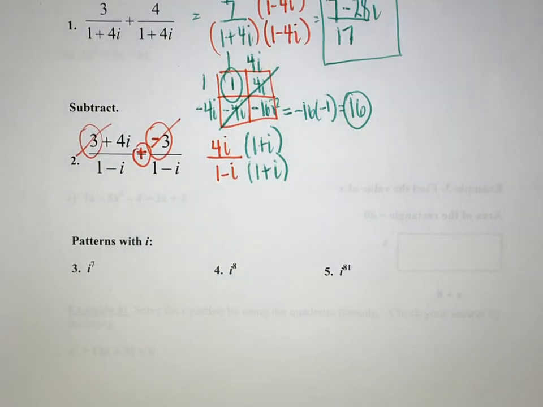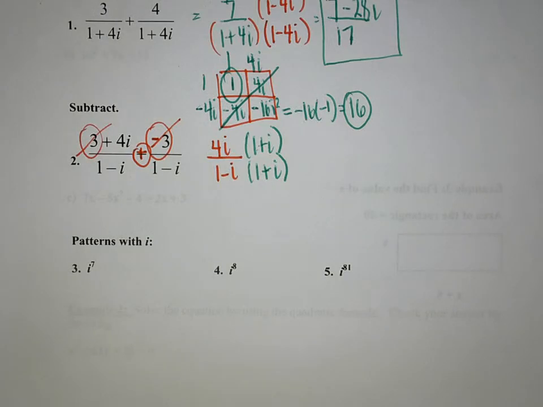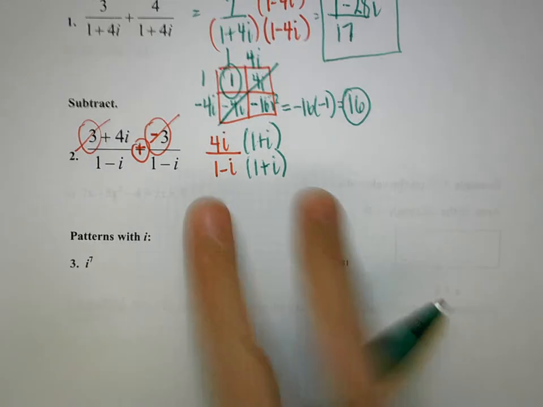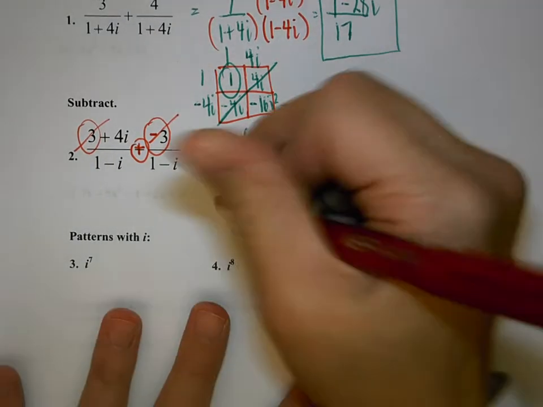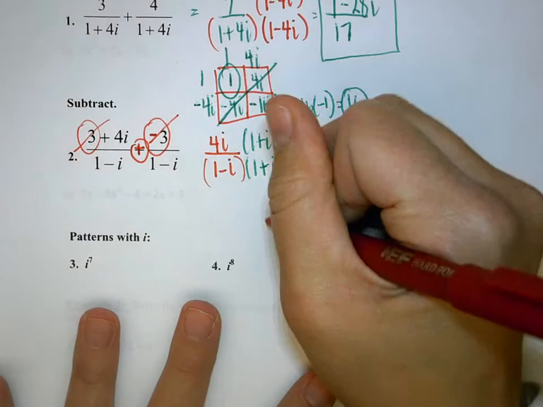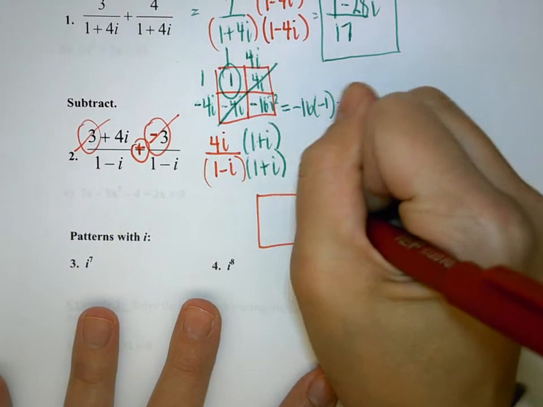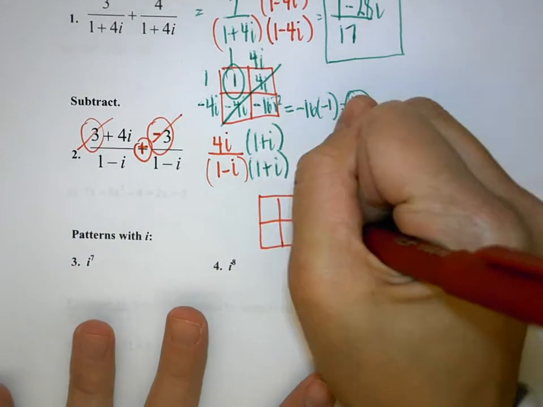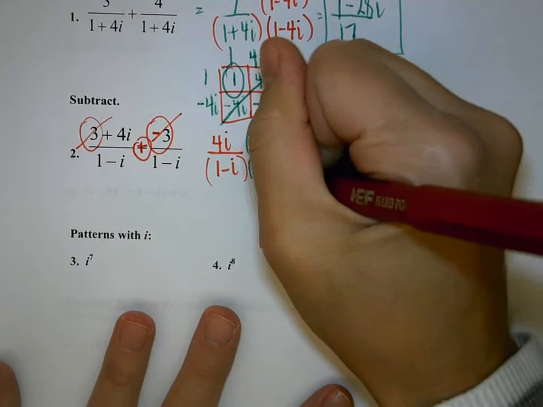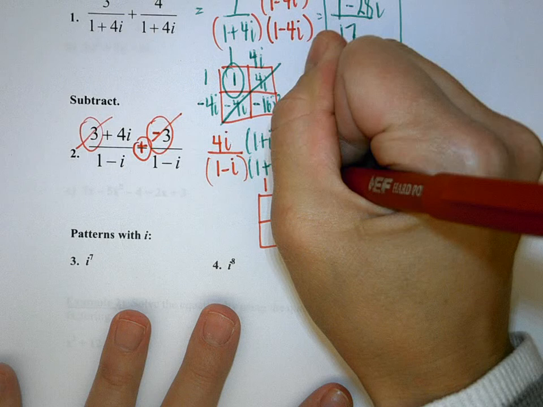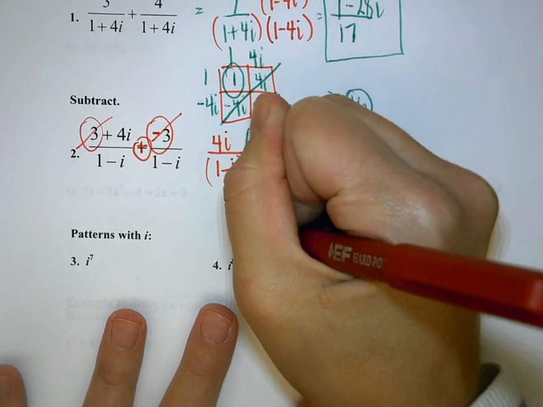All right. So, and then what should I do at the bottom? Go ahead and make a box, right? Because you're multiplying 2 terms by 2 terms, and we want to make sure we don't mess up with our i squareds and negatives, so it's best to see what's happening. So along the top here I have 1 and a negative i, and along the side I have 1 and a positive i.